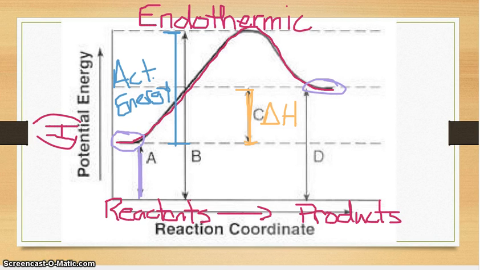So the peak, the B going from the bottom all the way to the peak, that's the energy of your activated complex. Okay, so this represents an endothermic reaction because our reactants have a lower amount of energy than our products, and the new one we just added was the activation energy going from your reactants to your peak.